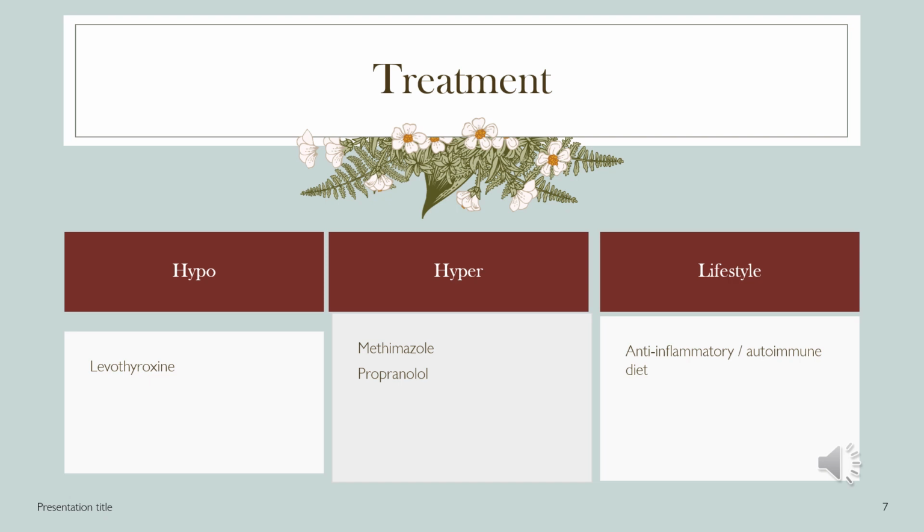So treatment, as we all know, because hypothyroidism is so common, includes levothyroxine or Synthroid. And then hyperthyroidism is treated with methimazole or propranolol. And then lifestyle modifications, which I think is huge for any patient that comes in with an autoimmune disease, is talking about that anti-inflammatory or autoimmune diet.